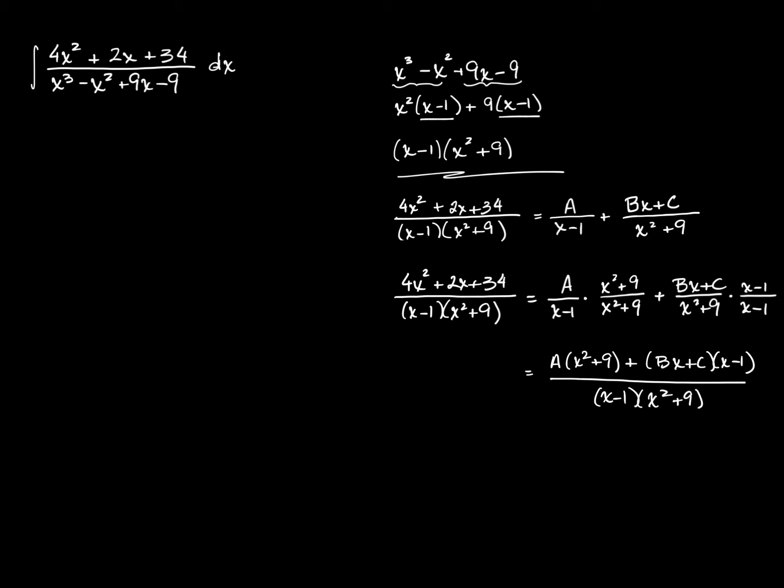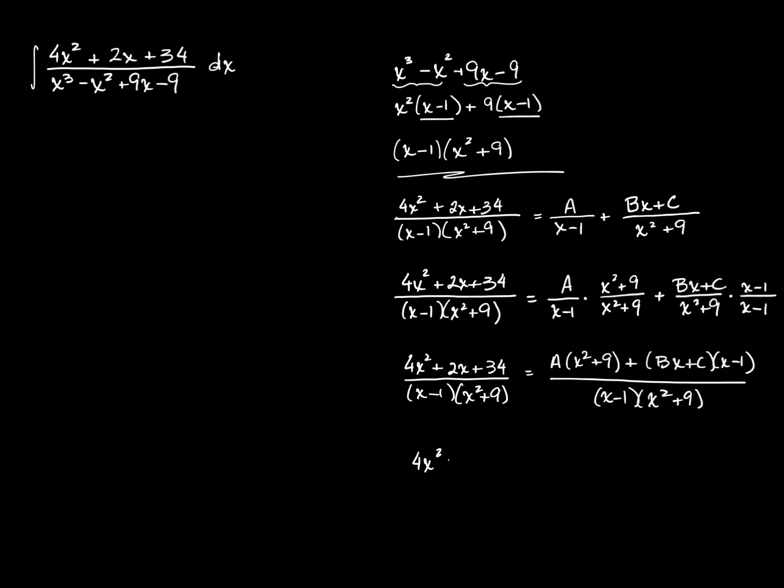And the benefit of this, if this is still equal to the left-hand side, is that if these truly are equal, and they are because I've only done basic legal algebraic moves on the right-hand side, if the left-hand side and the right-hand side are equal, and the denominators are equal, then the numerators must also be equal.